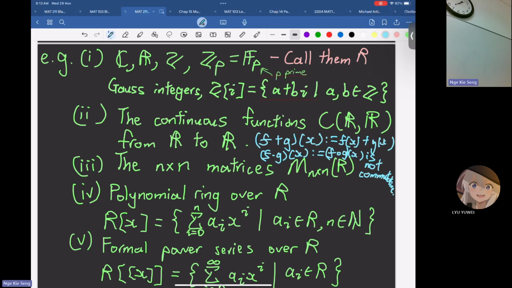You can just define pointwise multiplication. So what does it mean? You can do (f·g)(x) equals f(x) times g(x), right? So f(x) is a real number, g(x) is a real number. Multiplication in the real numbers is commutative and associative.